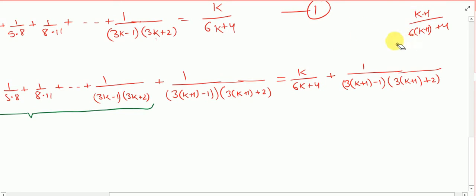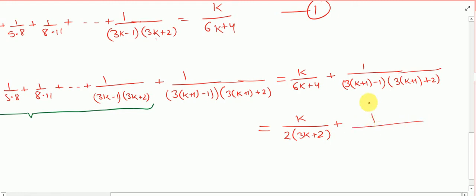So see over here we have k upon this, you can see 6 and here 4, so 2 is common, so I can write like this. And here open the bracket, so you get 3k plus 2, and here when you open the bracket you will get 3k plus 5.